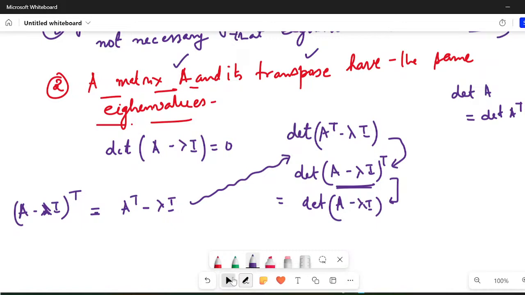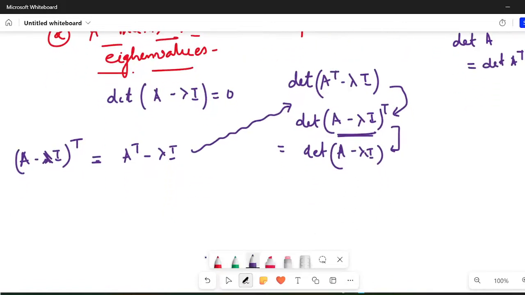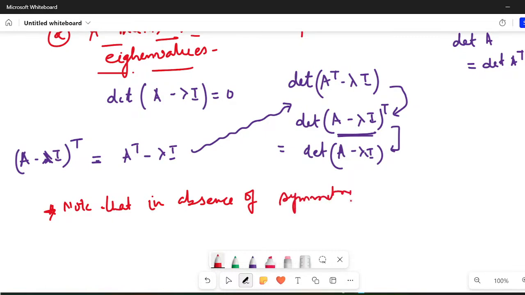Okay, but at times people get confused and extrapolate this particular statement with regards to eigenvectors also. So kindly note that in absence of the symmetry property, in general, you cannot relate the eigenvectors.